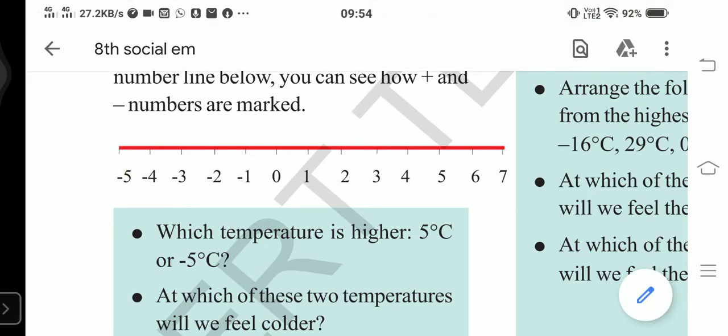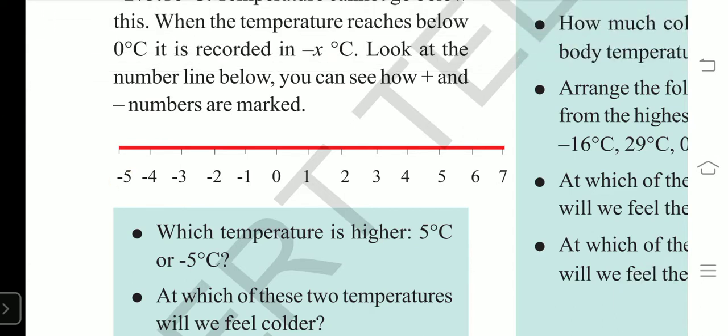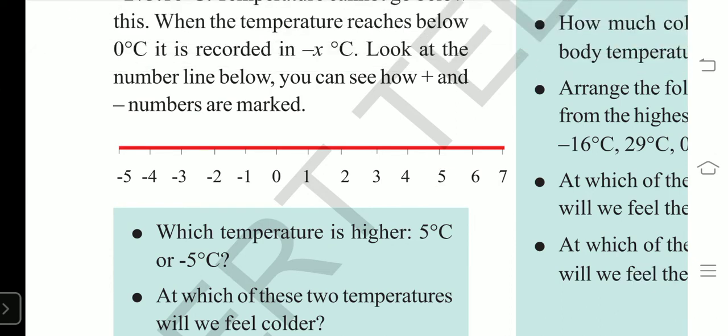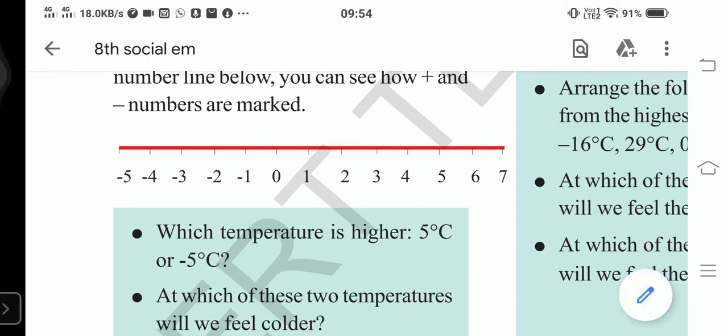So which of the temperatures is high? Is it minus 5 degrees centigrade or plus 5 degrees centigrade? It is this one, it is high, right? Then how much difference is there between plus 5 and minus 5?